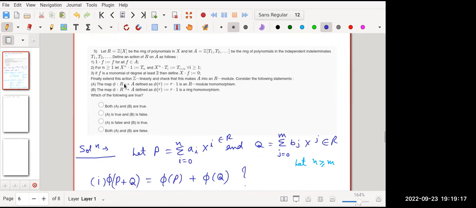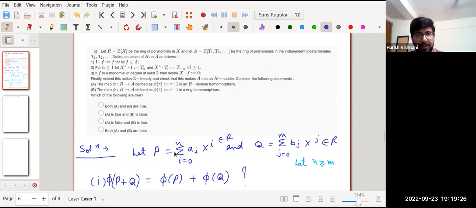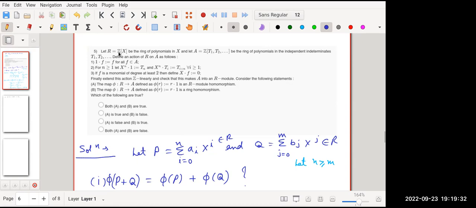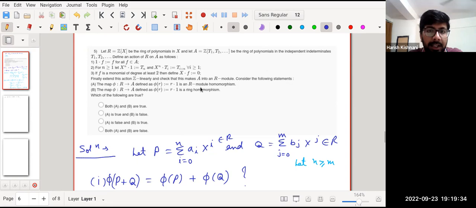The scalars come from R, but the polynomial P, I have confusion. See, these scalars are in Z. These are polynomials in integers, right? So it is an R module homomorphism means the scalars will come from this ring, the ring Z[X].